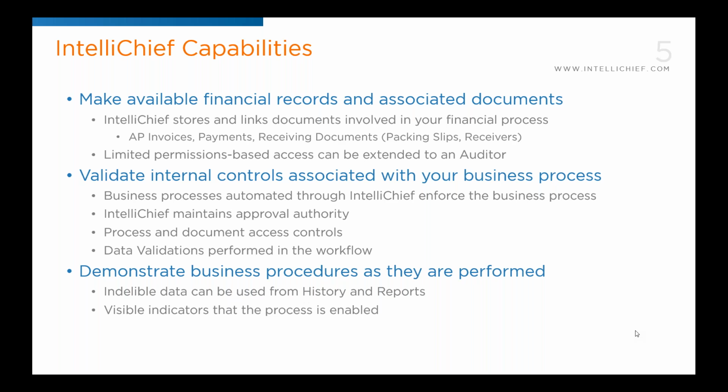We have the ability for you to seamlessly bring those into IntelliChief, to index them, add that metadata, and then link them. So now you've got the full transaction history. Or even further back, maybe it's the purchase order. So you see the PO to the AP invoice and then the documentation that validated that you could then pay it.